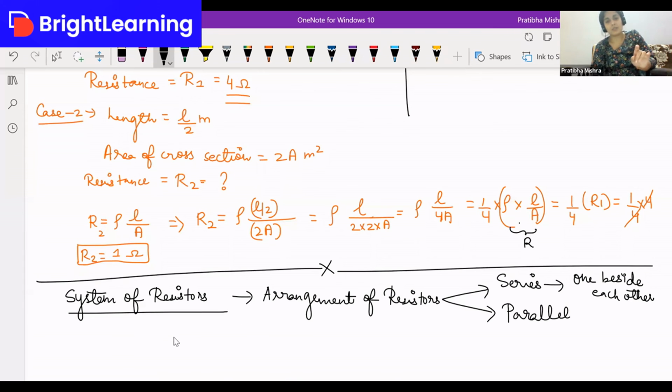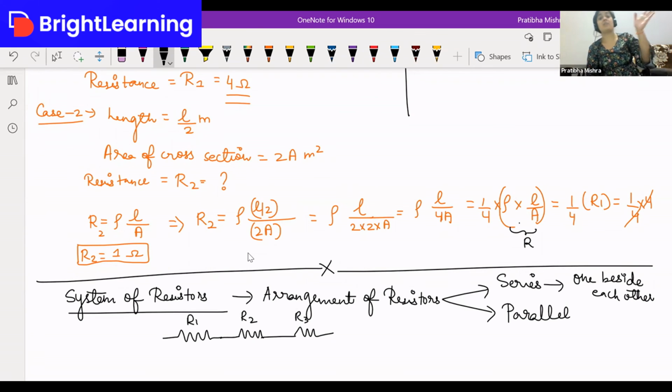So just like, if you have one resistor in a circuit, then I give another resistor here. Then again, I give another resistor. R1, R2, R3. For example, more than one resistor. You can also have R1 and R2. It's not important that the minimum is 3. One beside each other. Let me tell you, in a series arrangement, there will be a lot of resistance. Current will be less.